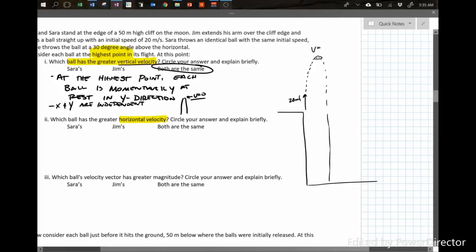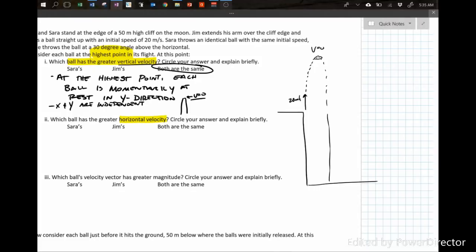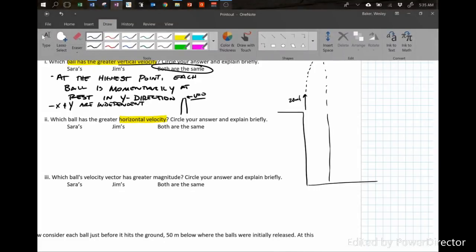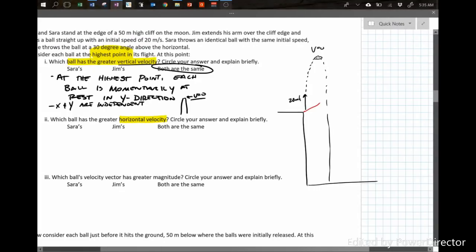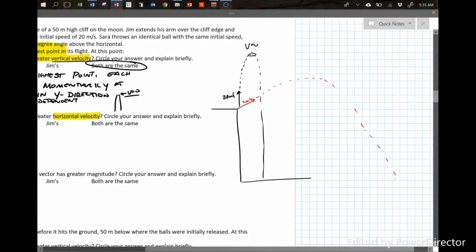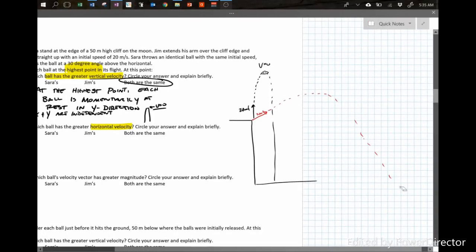And up here we said the velocity was 0. Sarah's ball, on the other hand, is thrown at an angle. It's still 20 meters per second, but it's thrown at an angle and it comes back down, a really good parabola, and lands over here. At the top, the y velocity might be 0, but Sarah has some x velocity.